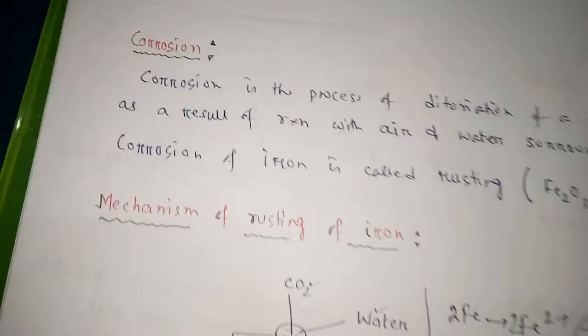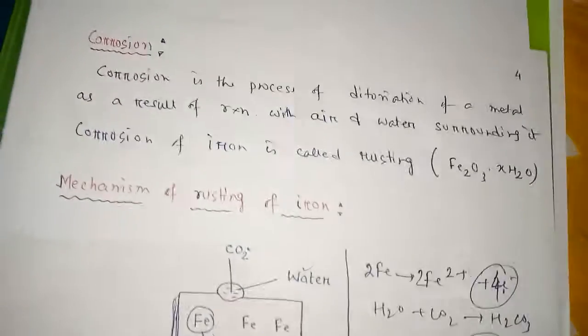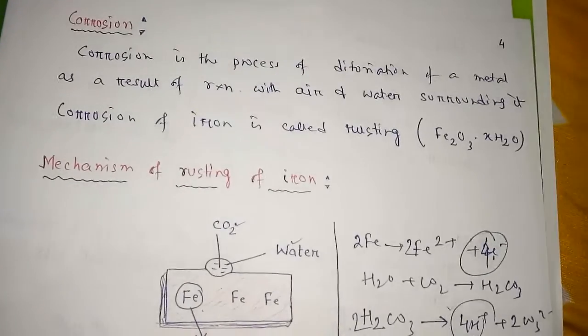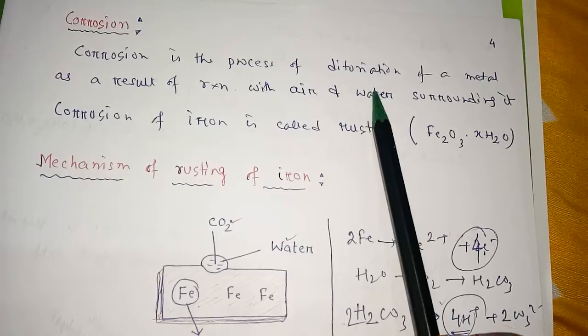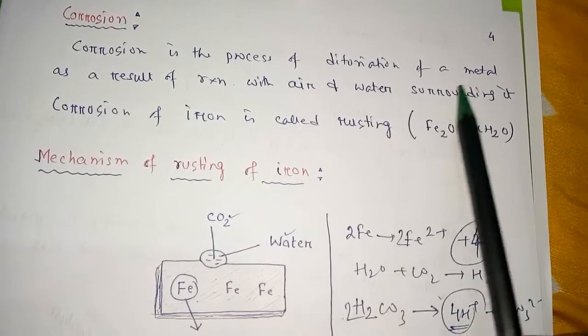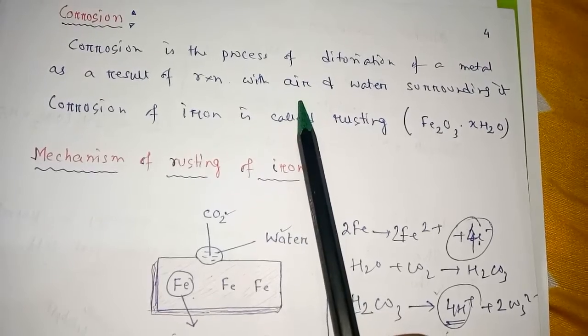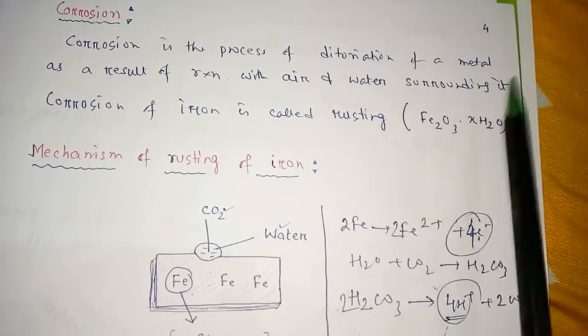Then we have to read another term called corrosion. This is the last topic of this chapter. Corrosion is the process of deterioration of a metal as a result of the reaction with air and water surrounding it.